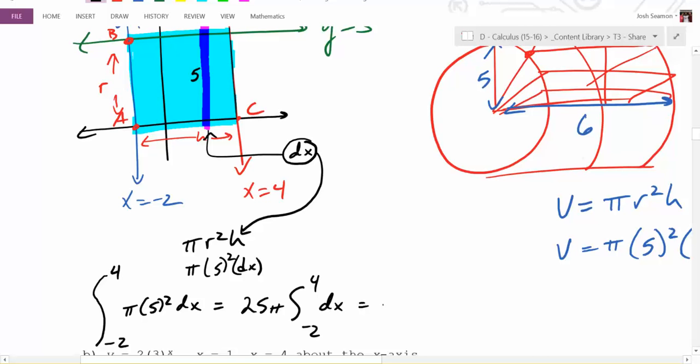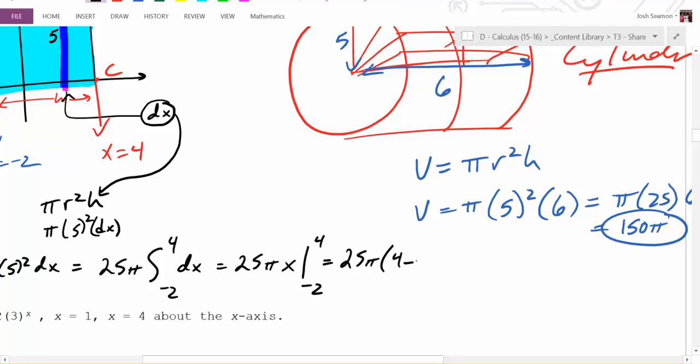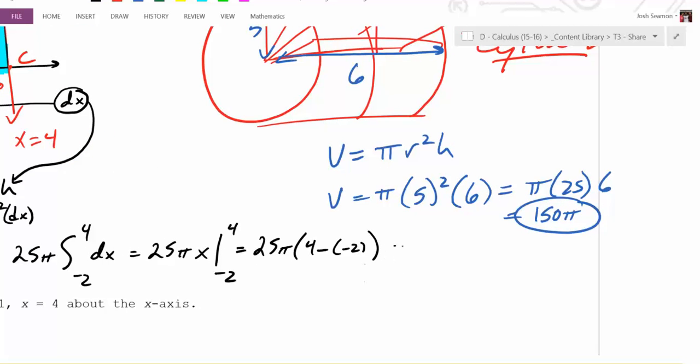Yes, it's just x. So it's 25 pi x from -2 to 4. So what is that? 25 pi times 4 minus -2. What's 4 minus -2? 25 pi times 6 is? 150 pi.